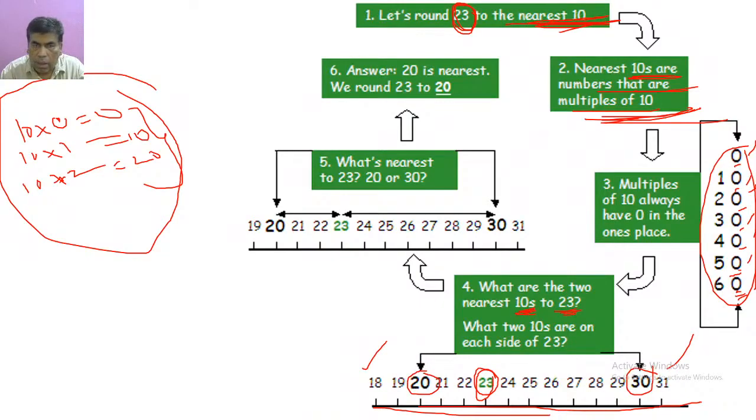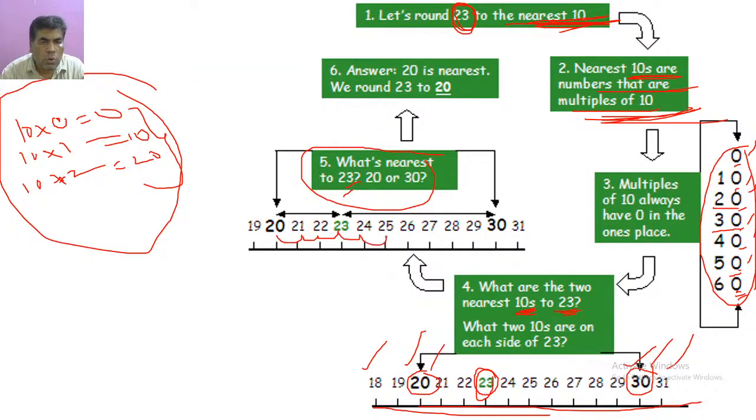Here. Now observe the distance. What is nearest to 23, 20 or 30, since both are multiples of ten? 23 is nearer to 20: 1, 2, 3, 3 places.